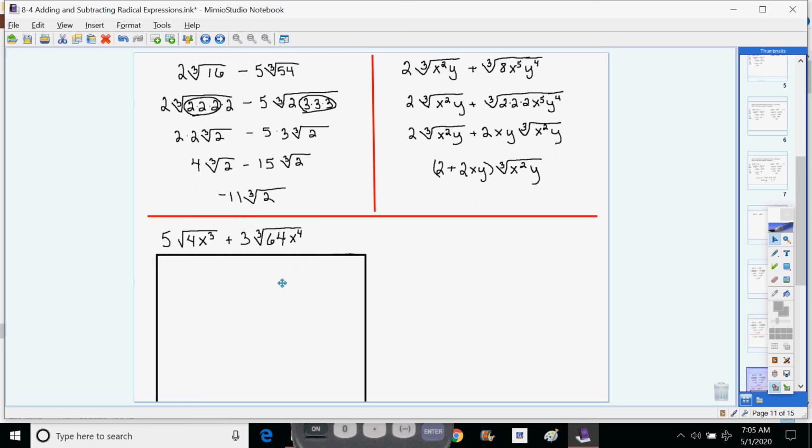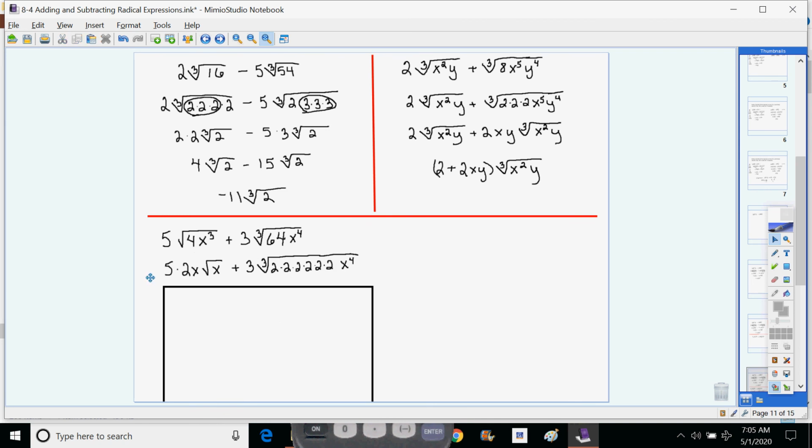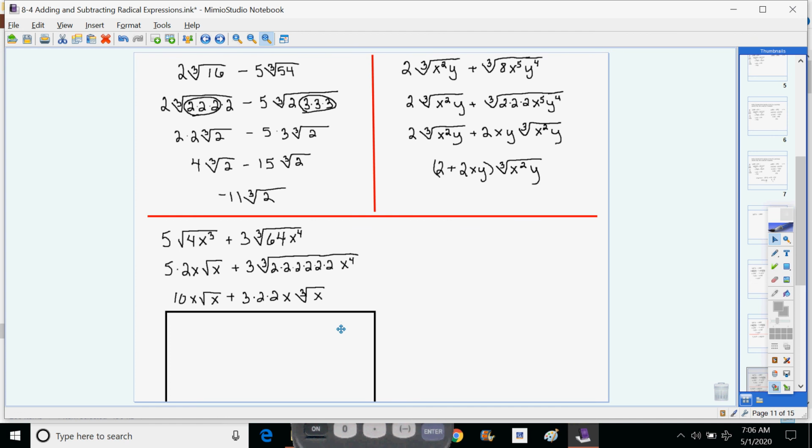Let's take a look at this one. Once again, simplify as much as possible. Square root of 4 is left over. This breaks down here with 6 2's. So come out, you've got the come out and 1 that's left over inside.